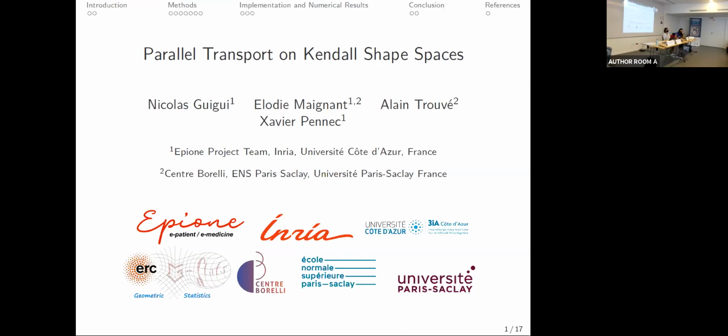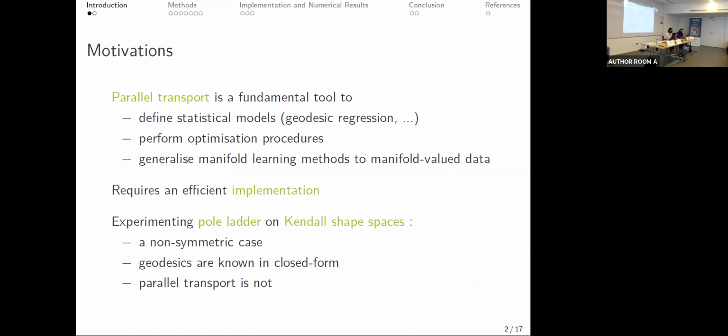But we also came to find some other methods based on integration, which at first look seemed very specific to Kendall shaped spaces. The next question was finally how generic these two methods could be. So we compared the two from a numerical point of view, and also from a generalization point of view.